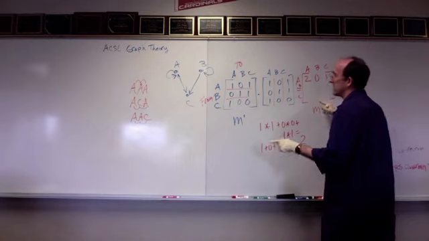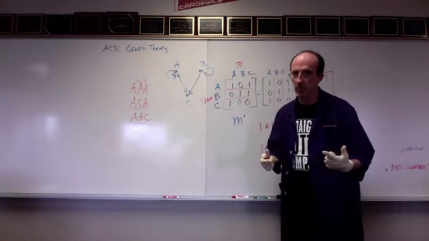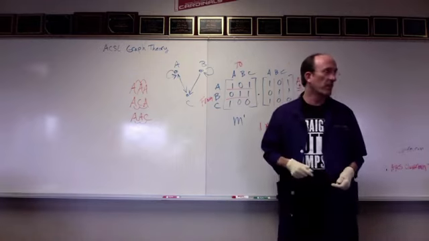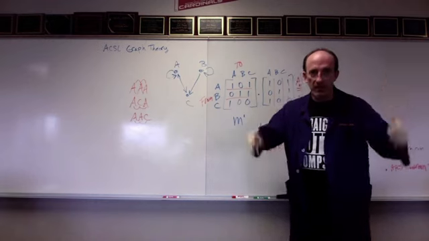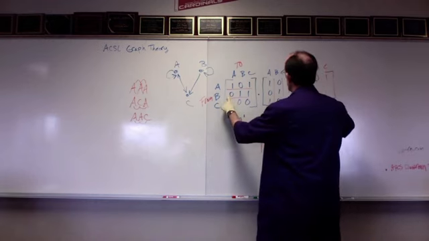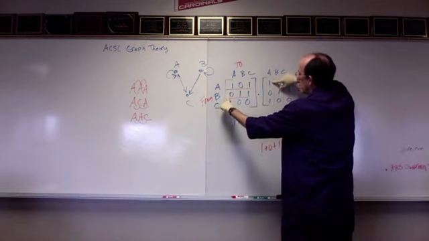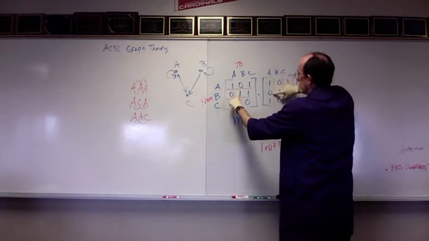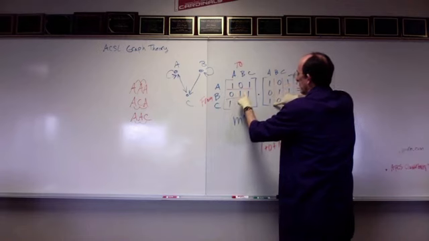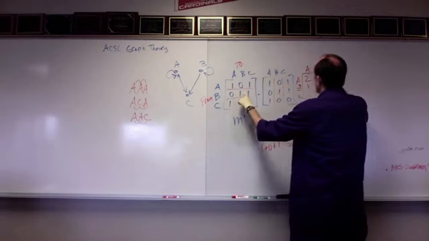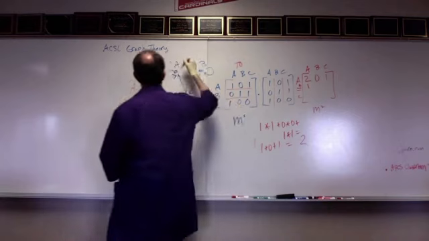Okay, and then to finish this so that we can move on to M4, or at least I can suggest how you would do it if I have to cut the video off. We want from B to A, so we go 0 plus 0 plus 1. There is 1 path from B to A, and that is BCA, and that is valid.